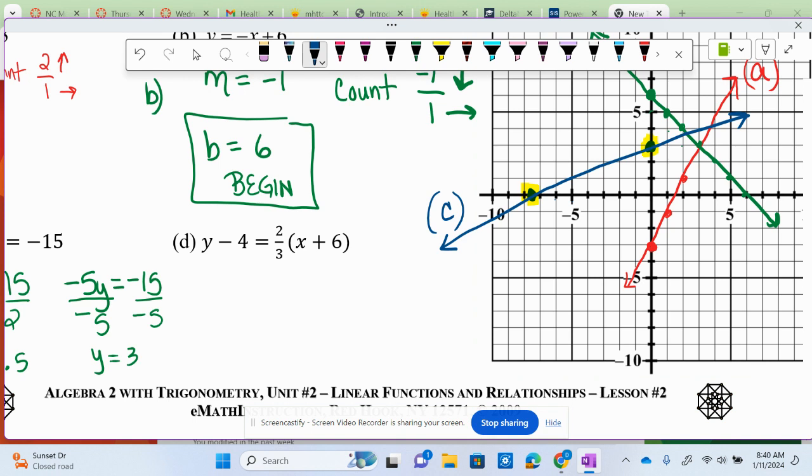Okay. So let's see. Our first two equations were given to us in slope-intercept form. Our third equation was given to us in standard form. What form is example D?